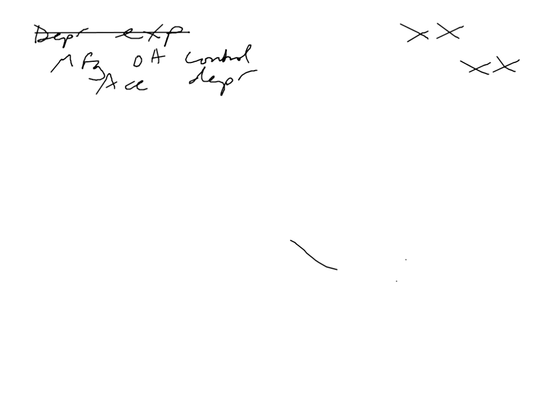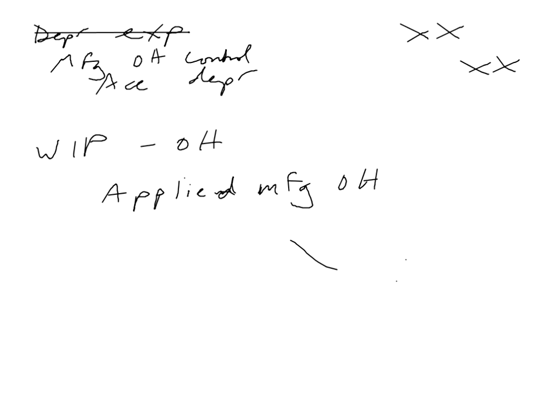And then finally, for number 9, it says that we applied manufacturing overhead for the month. Now, before we calculate the number, we know that we're going to have to put the overhead into work in process, and so we're going to use the applied manufacturing overhead account. But now we need to figure out exactly how much we're going to allocate.